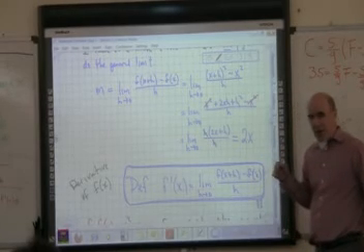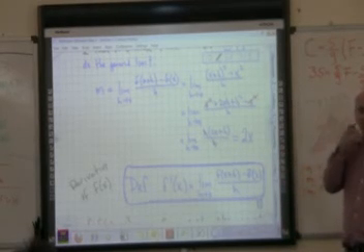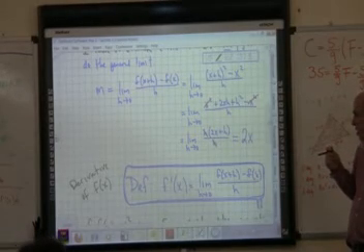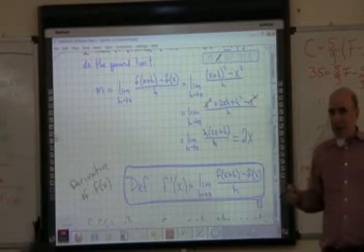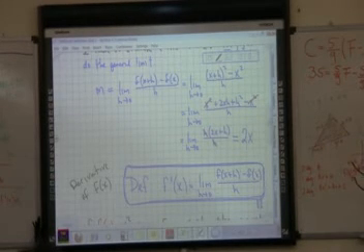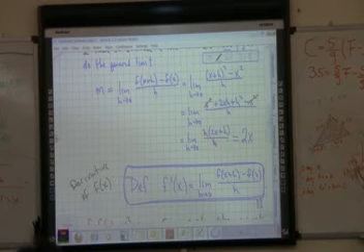F prime of x is equal to, by definition, the limit as h approaches 0 of the difference quotient. So we're saying that for f of x equals x squared, the slope is 2x. Okay, that's it.